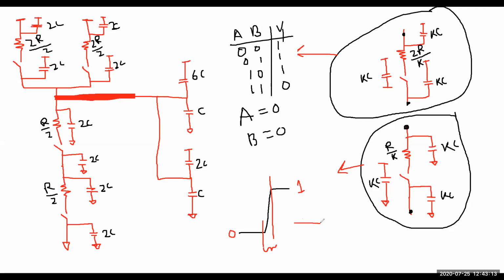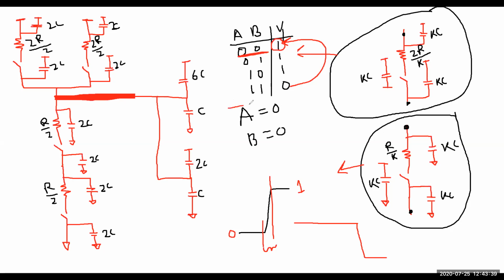When your output was already 1 and it is going to 1, will you get any rise delay? No. When your output is already 1 and it is going to 0, will you get any rise delay? No, that time you will get fall delay. So here, let's consider your output was 0. Then from 0 you are going to 1. That time you will have your rise delay.